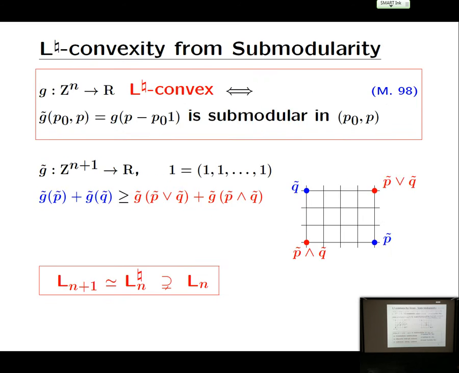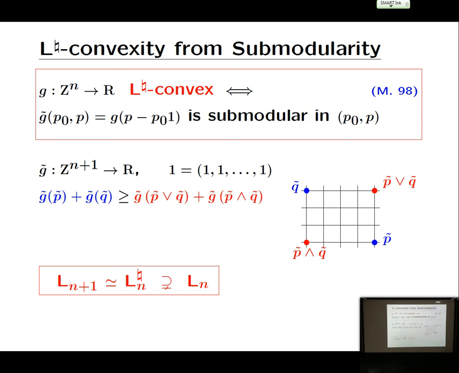Or in other words, a function g in n variables is L-natural convex if we define a function in n plus 1 variables with an extra variable p0, defined by this, p minus the uniform decrease or increase. And if this function is submodular, then the original function is L-natural convex. So this might be easier to understand.